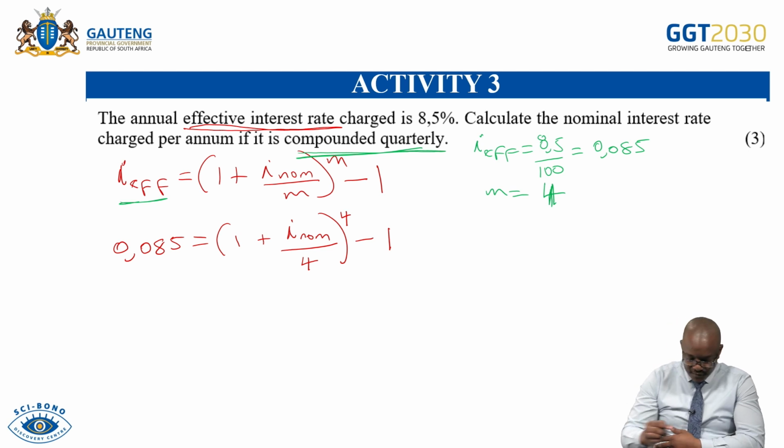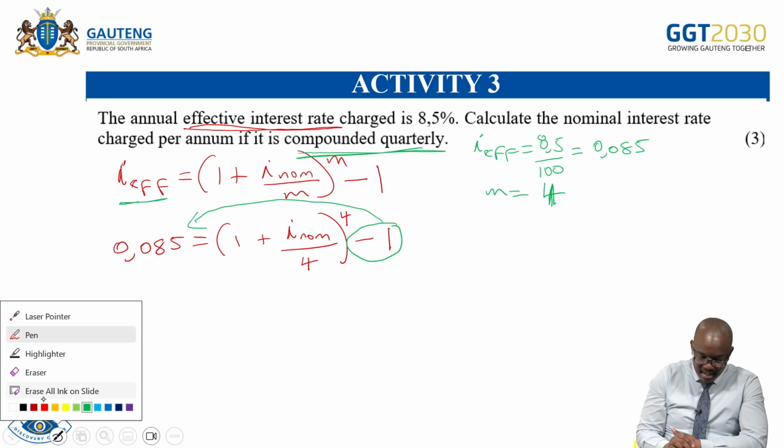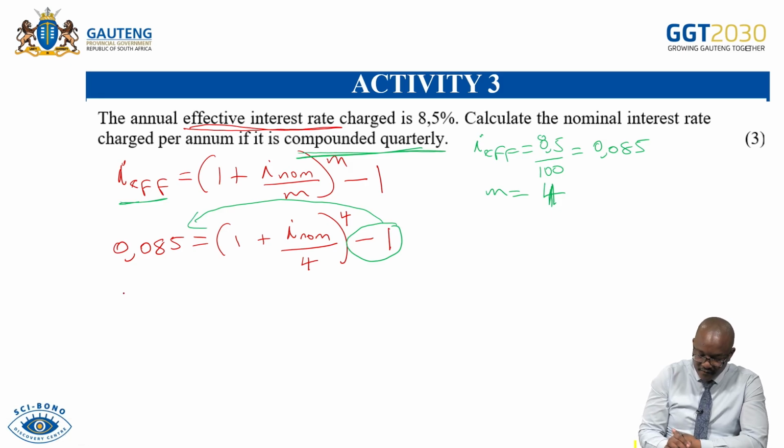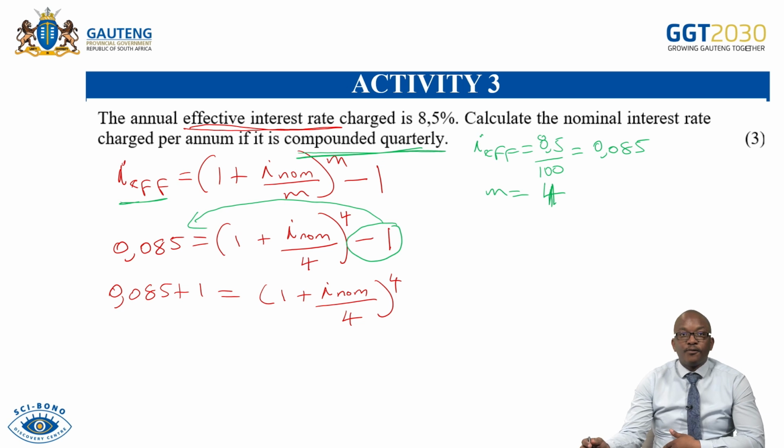So the first thing that you need to do is to get rid of this −1. It means I will transpose it to the left hand side, and as I transpose it I will have 0.085 plus 1, it's equal to, correct? Then it will be (1 + i_nom/4)^4.